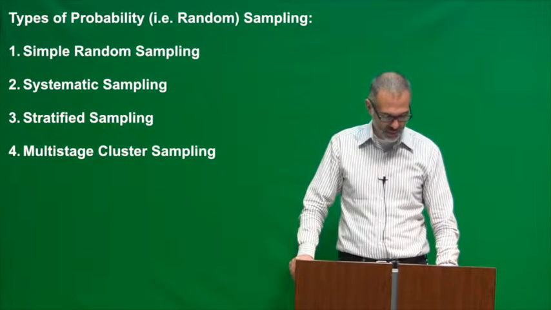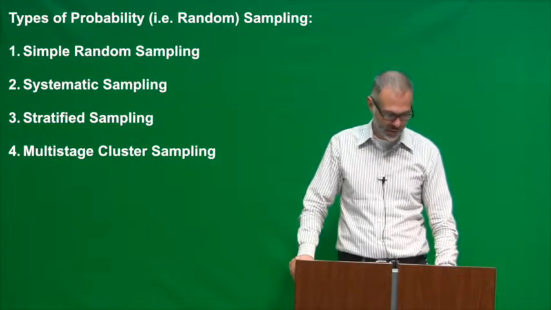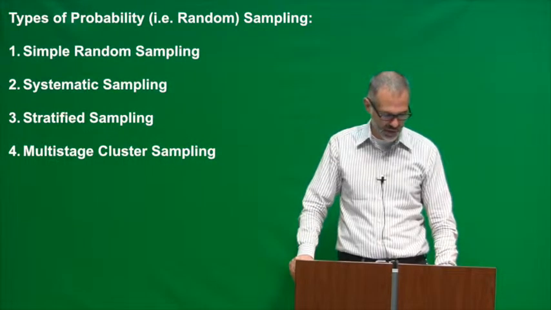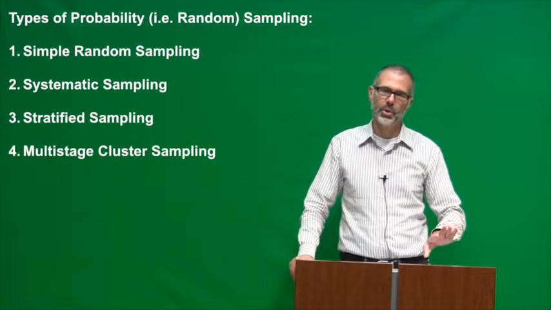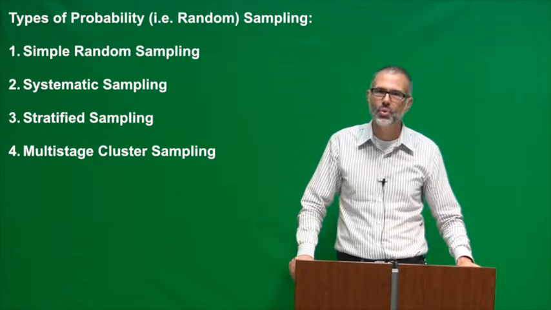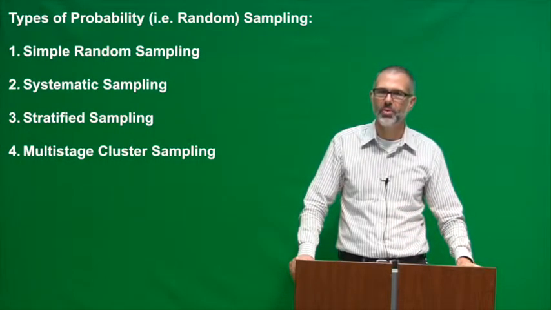There's simple random sampling, there's systematic sampling, there's stratified sampling, and there's multi-stage cluster sampling. These are covered in the book in more detail. I'll highlight a few of them and talk a little bit about what they mean.